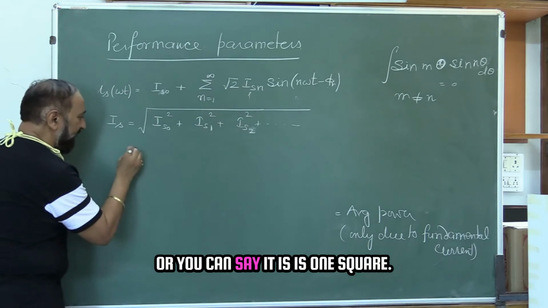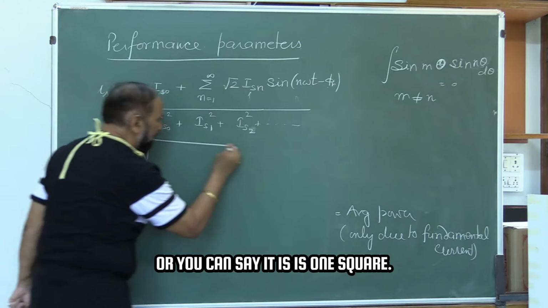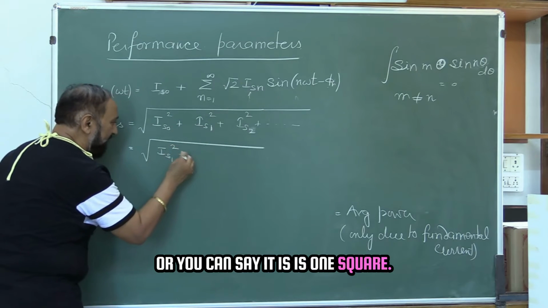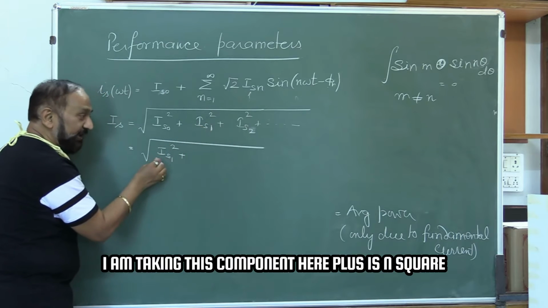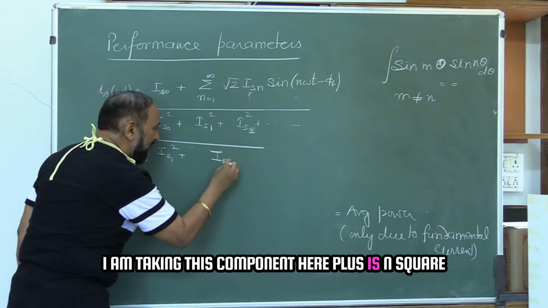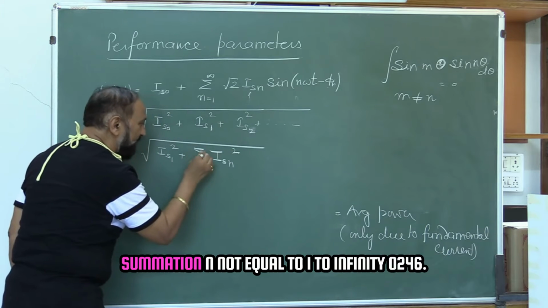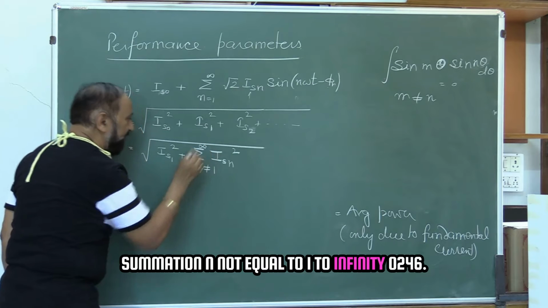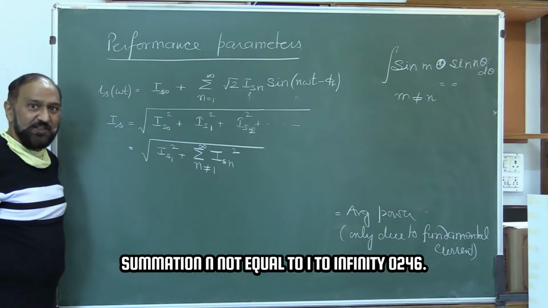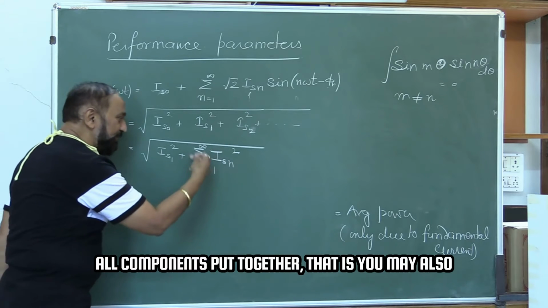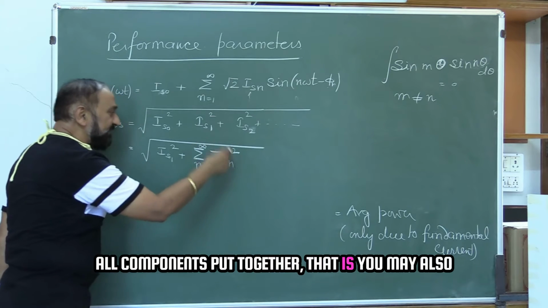Or you can say IS1 squared, I am taking this component here, plus the summation of ISN squared for n not equal to 1 to infinity, that is 0, 2, 4, 6, all components put together.